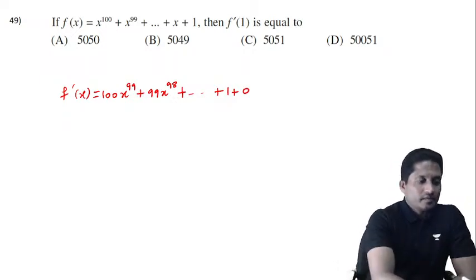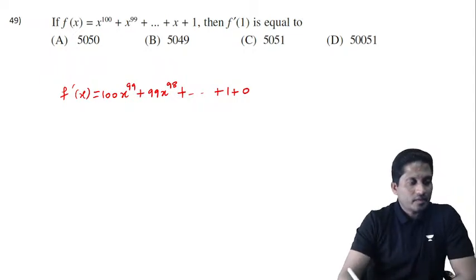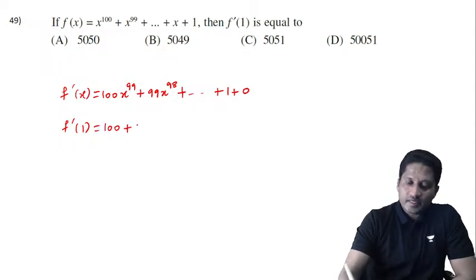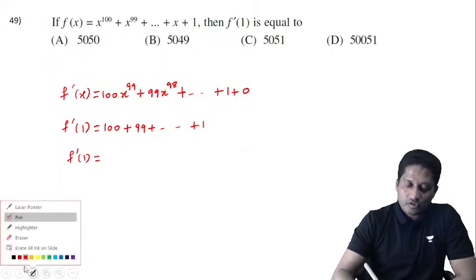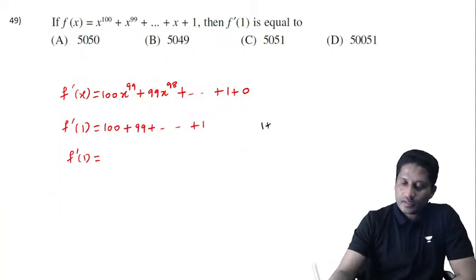F dash of 1 is equal to 100 plus 99 and so on up to 1, which is actually 1 plus 2 plus 3 and so on up to n. This is n into n plus 1 by 2.